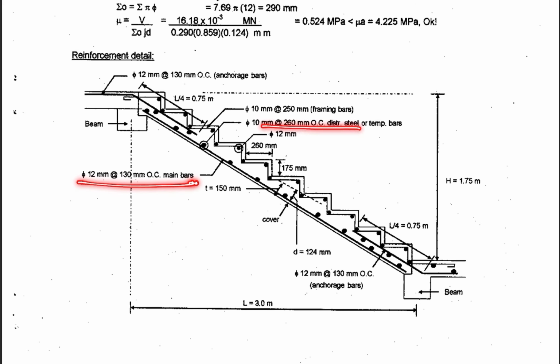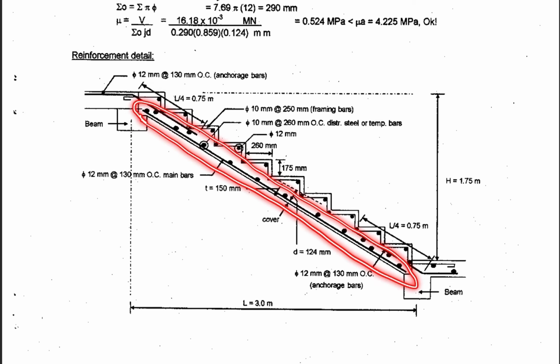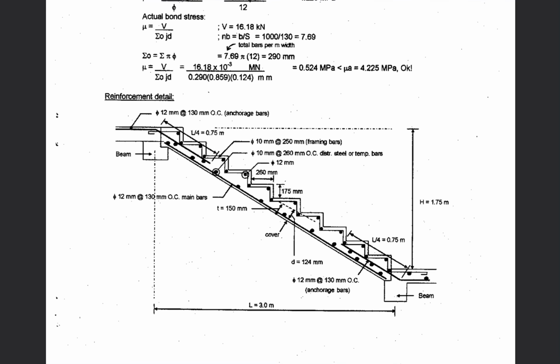Then your temperature bar is spaced at 260. For this framing, this is for the tread. Okay, so normally the reinforcing bars is only at the bottom of the stairs. Okay, so that is the computation for stair slab.